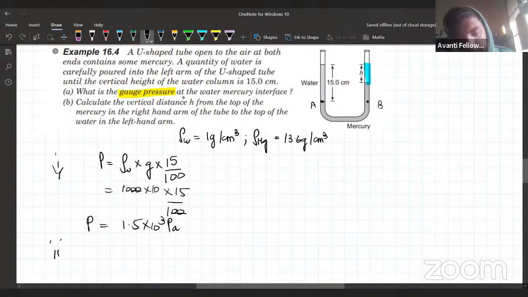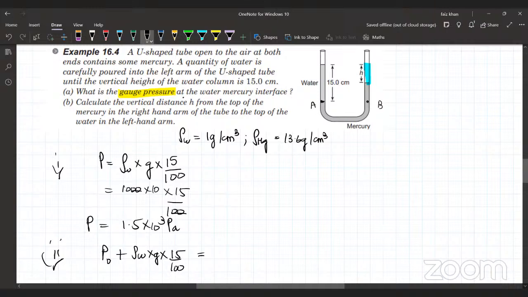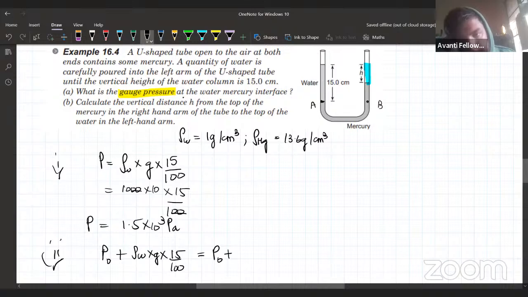Pressure at A will be equal to P naught plus rho of water into g into height, which is 15 by 100 meter, which will be equal to pressure at B, that is P naught plus... you have to calculate the value of h, right? At this point, let me see.